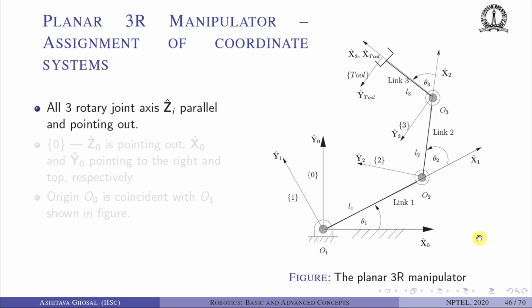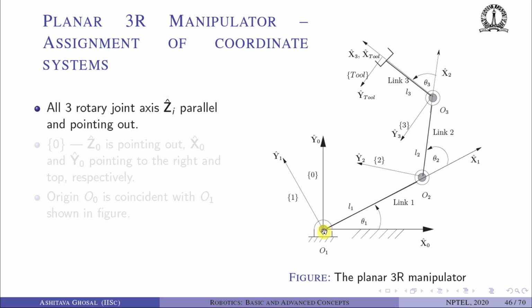Let's take our example. The first example is that of a planar 3R manipulator. So 3R here means that there are 3 revolute joints. This is one revolute joint, this is the second revolute joint, and this is the third revolute joint. All 3 rotary axes of the revolute joints are parallel and they are pointing out.